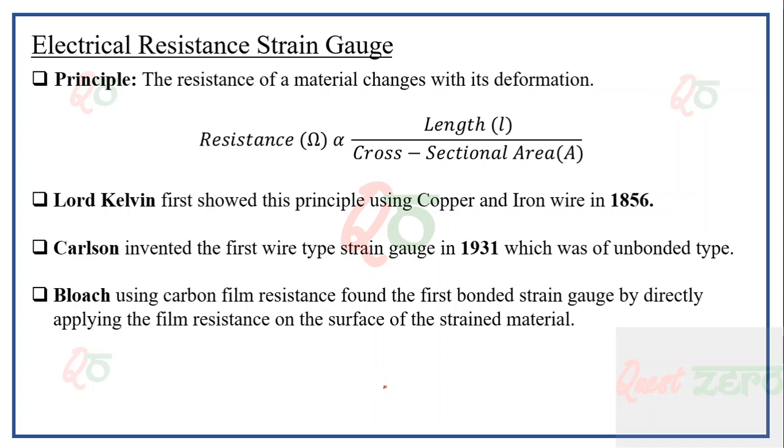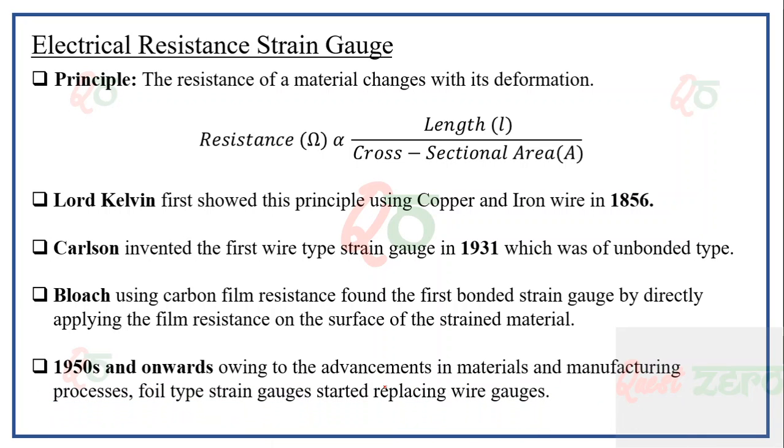These bonded strain gauges could be directly applied on the surface of the material whose strain was to be measured. The unbonded type couldn't do that. That was the major disadvantage, and it was overcome by the bonded type of strain gauges.